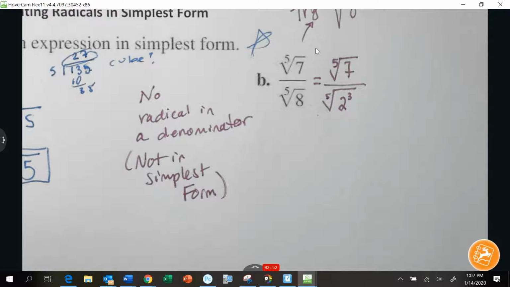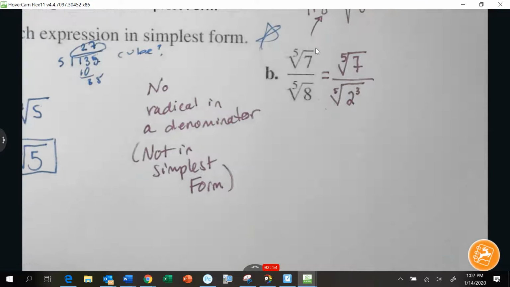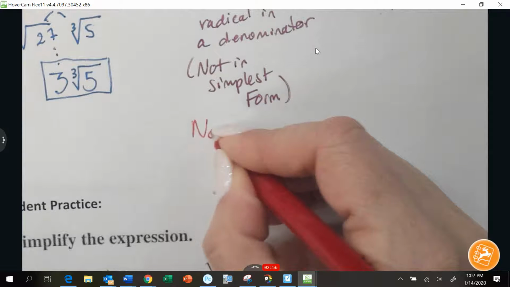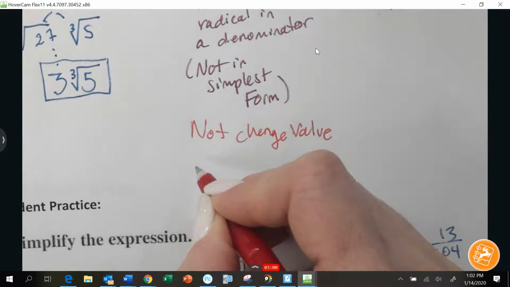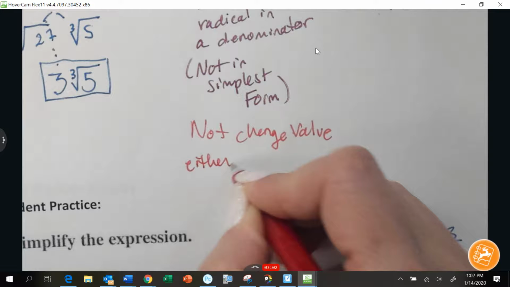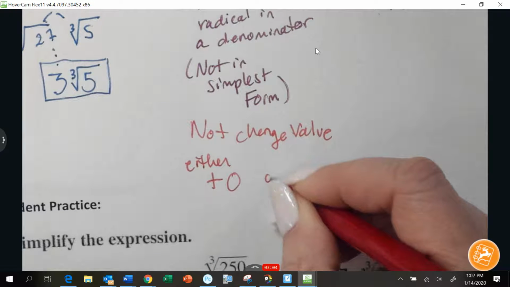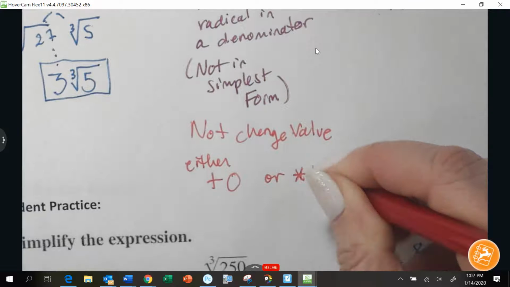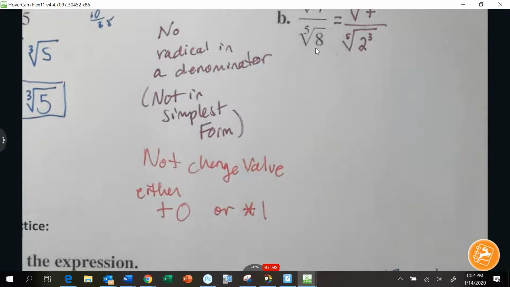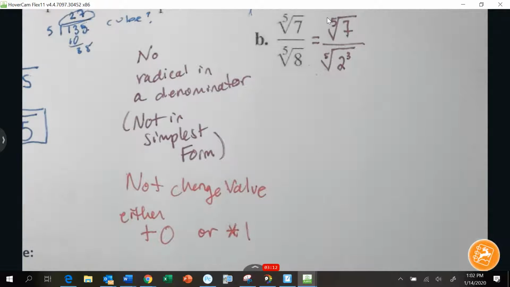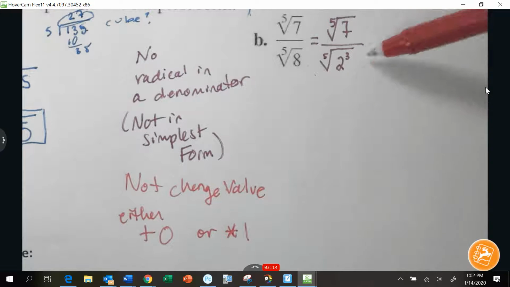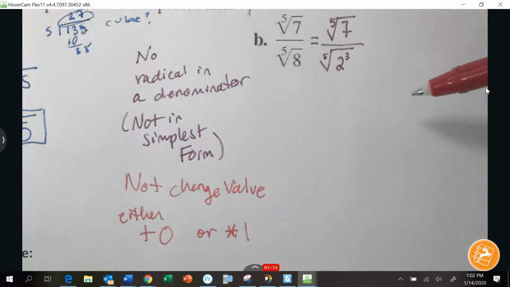To not change value, you either add 0 or multiply by 1. Those are the only things in math that don't change value. If I add 0, nothing changes. If I multiply by 1, nothing changes unless I'm smart about it.